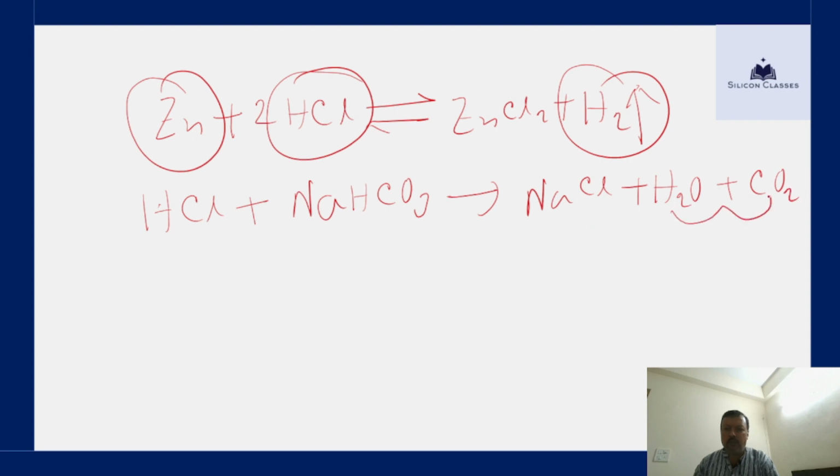Actually, it will form carbonic acid, but carbonic acid is a very weak acid. It will dissociate to form water and carbon dioxide. So HCl, that is hydrochloric acid, when it reacts with sodium bicarbonate, forms carbon dioxide, water, and the corresponding salt.